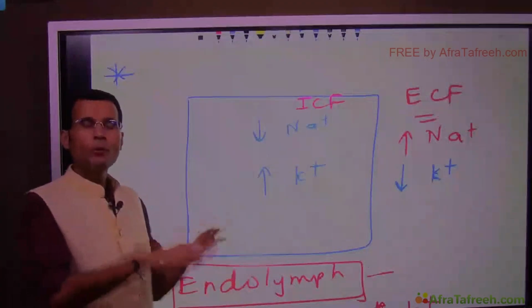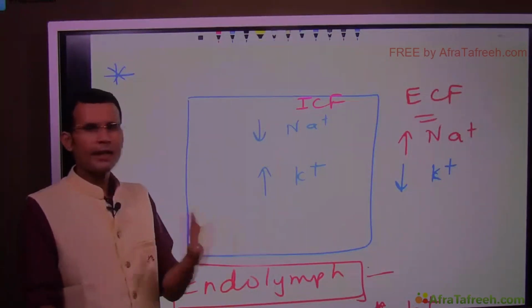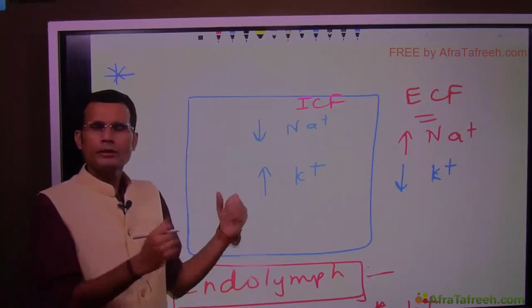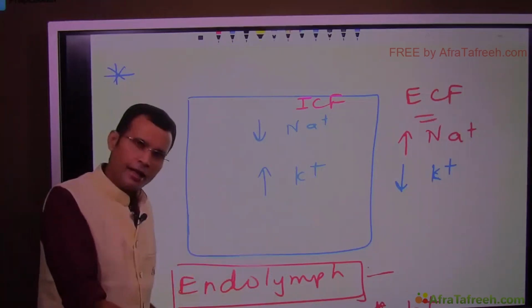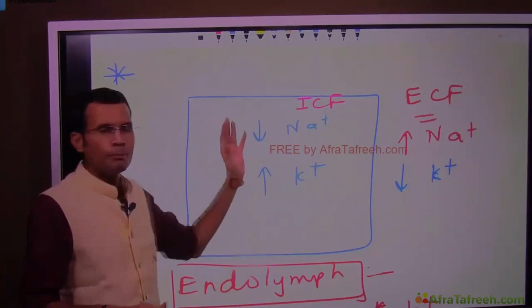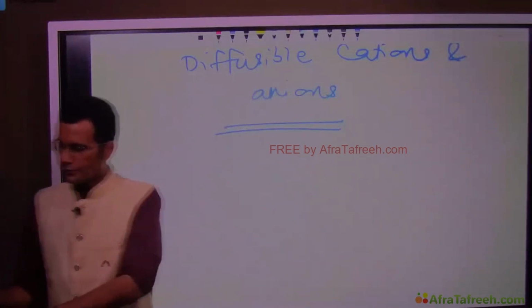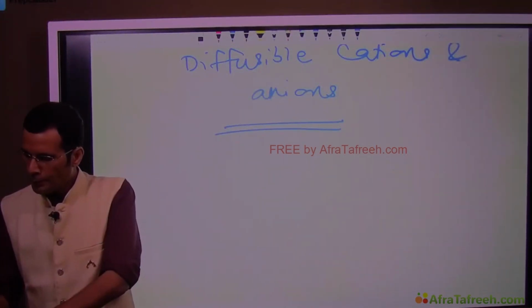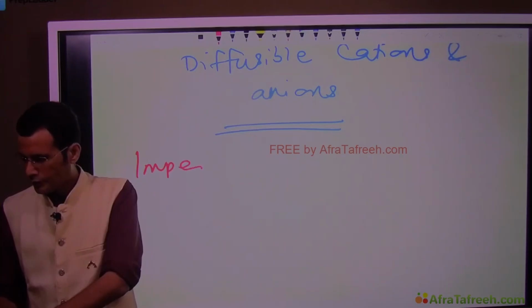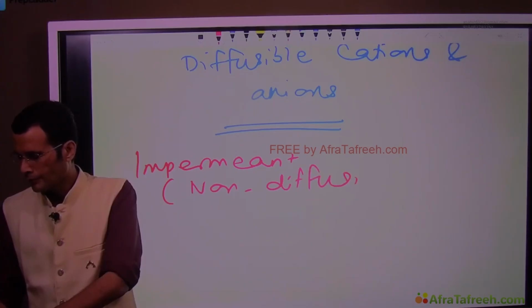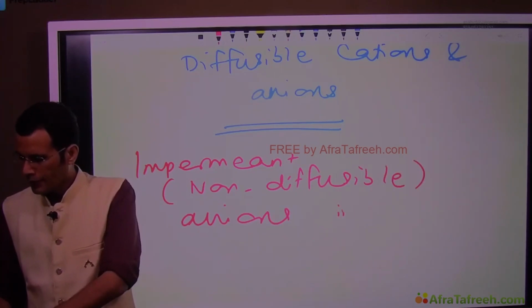Potassium, calcium, chloride, magnesium, lots of diffusible cations and anions are present in both the fluids. Okay, but in addition to these, there are impermeant or non-diffusible anions in one of the two compartments, and that compartment is intracellular fluid.